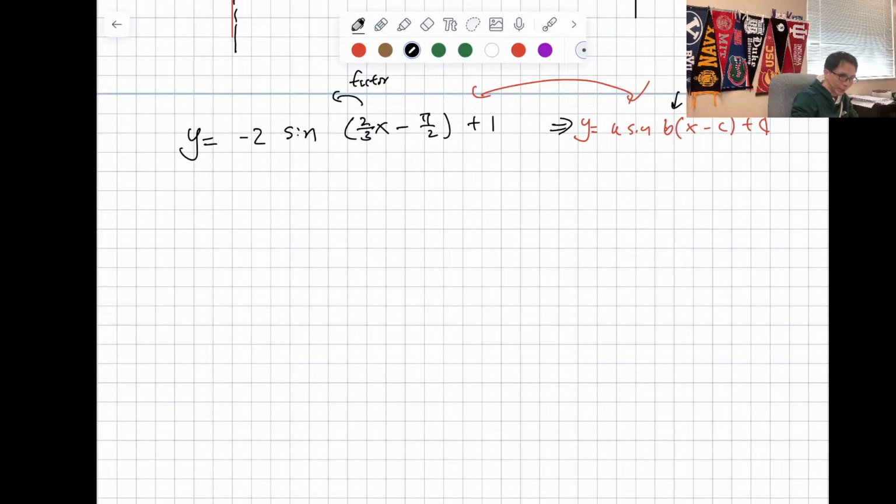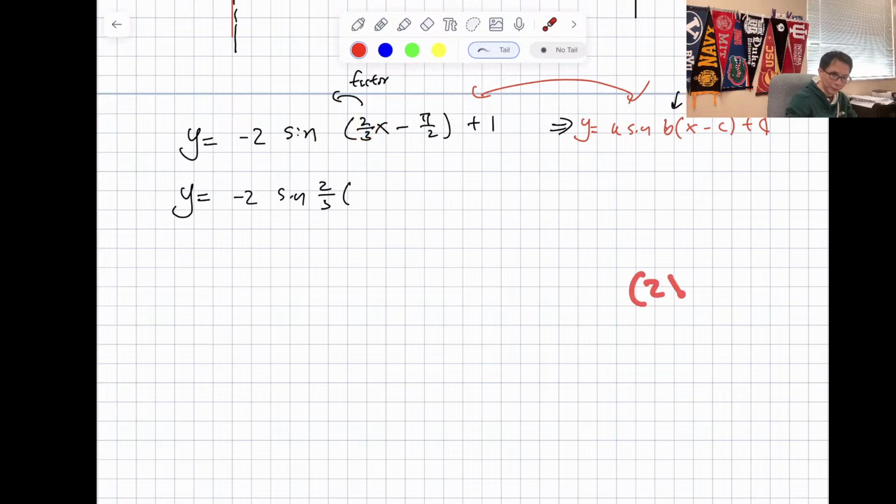Okay. Now, I'm going to worry about factoring out. So y equal to -2 sine. If I factor out 2/3 here, that means I divide this number by 2/3. So for example, if you have 2x minus 4, if you factor out 2, 2x divided by 2 is x. Does that make sense? You factor out a number, you divide by that number.